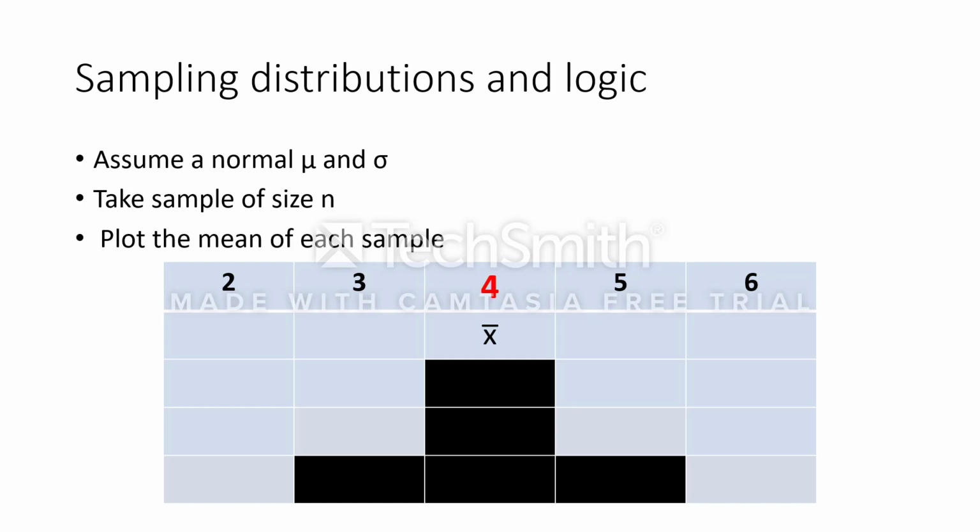Now, each of these samples is producing a slightly different estimate of the population mean. And if you were to keep on taking samples and plotting the means in a frequency distribution, what you would find is that they tend to cluster around a particular average.